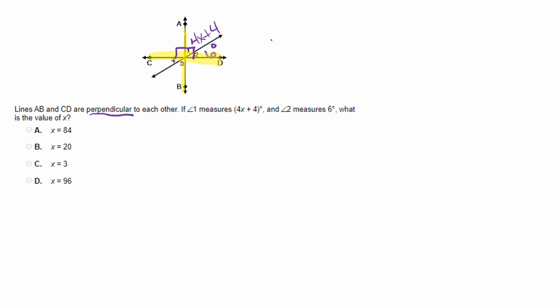Okay, so I know that 4x plus 4, which is the measure of angle 1, plus the measure of angle 2, which is 6, add up to 90. Now, I only put the parentheses around it just so that you know that it's separate.